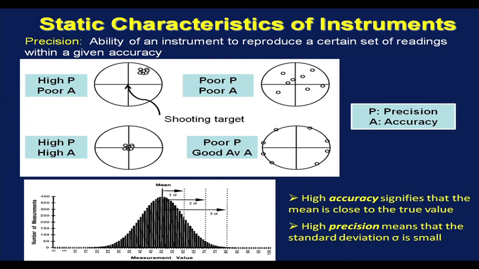So, this is a case of high precision, but poor accuracy. Precision is high because all the bullets are together.